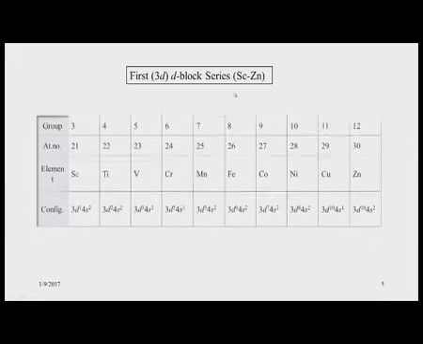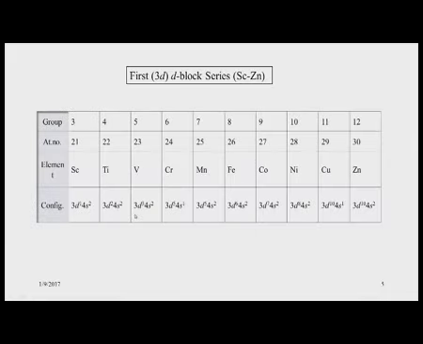So, this particular thing we can now separate out quickly from group 3 to group 11, including group 12, because we reach ultimately the 3d10. So, the atomic numbers, the elements and the configurations, so we can have some good idea.